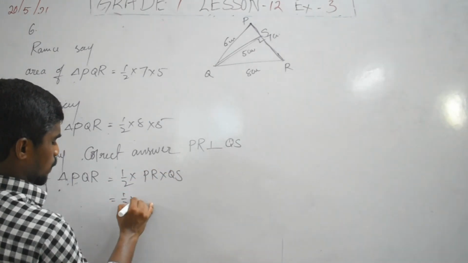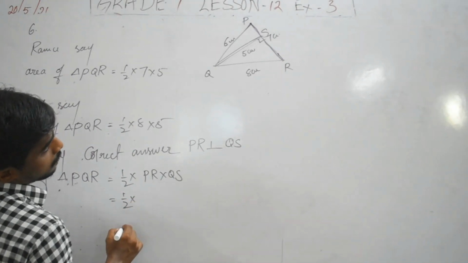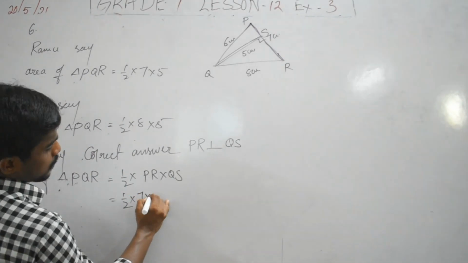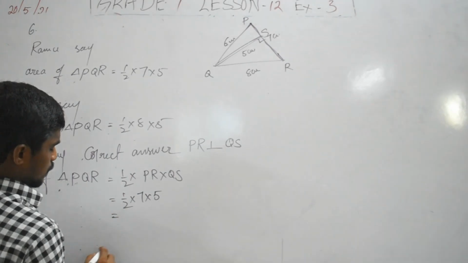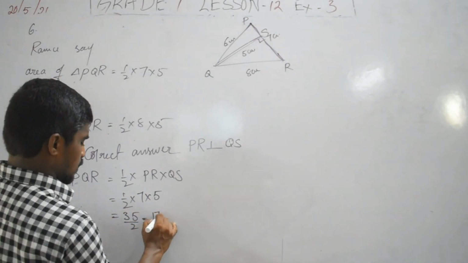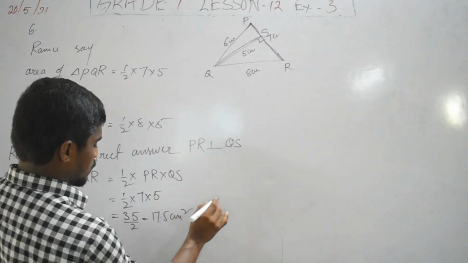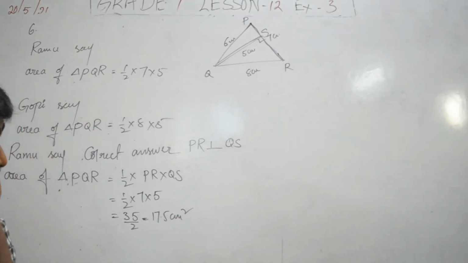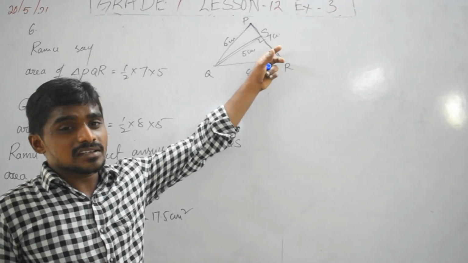Here 1/2 PR value 7, QS value 5. So 35/2, 17.5 centimeters square.